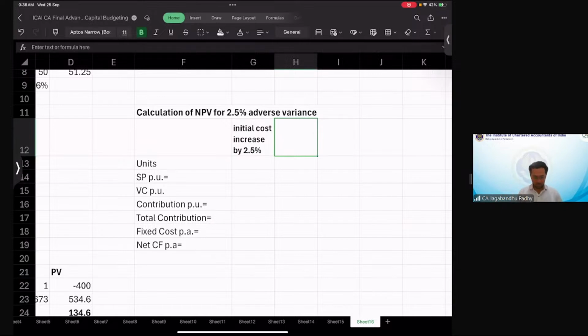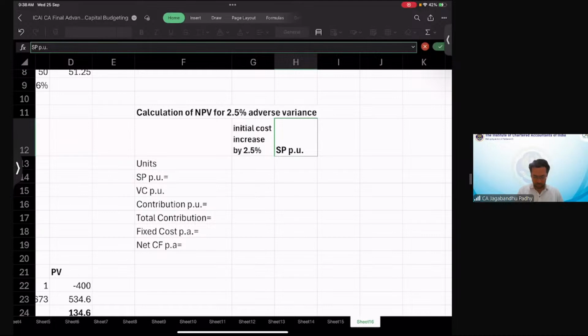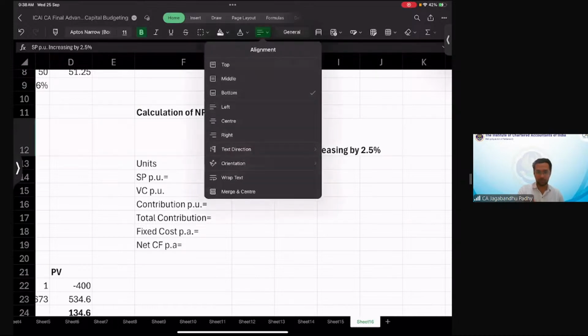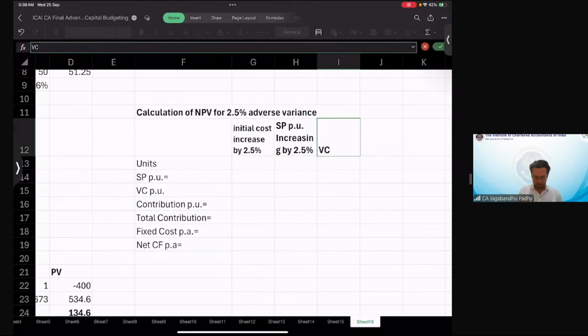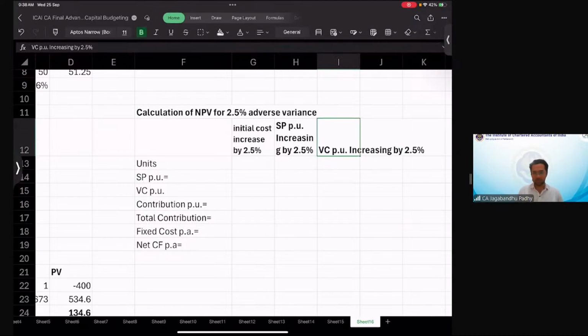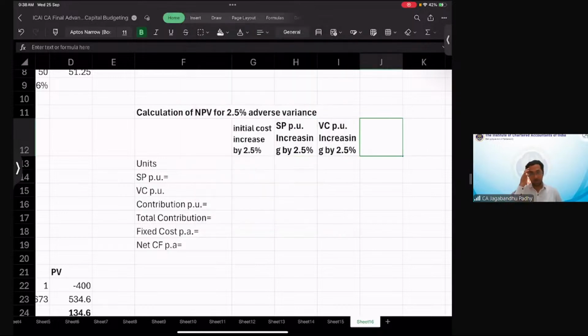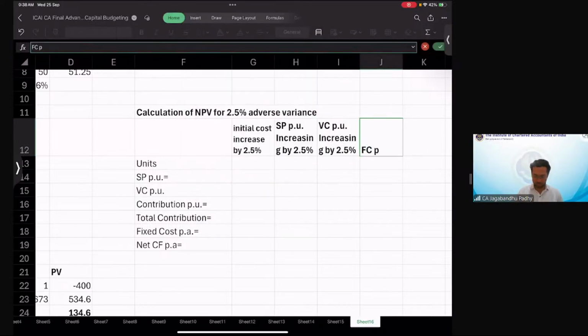Second will be selling price per unit increasing by 2.5%. Then third, we will say what will be the impact of variable cost per unit increasing by 2.5%. Then we'll say fixed cost per annum increasing by 2.5%.